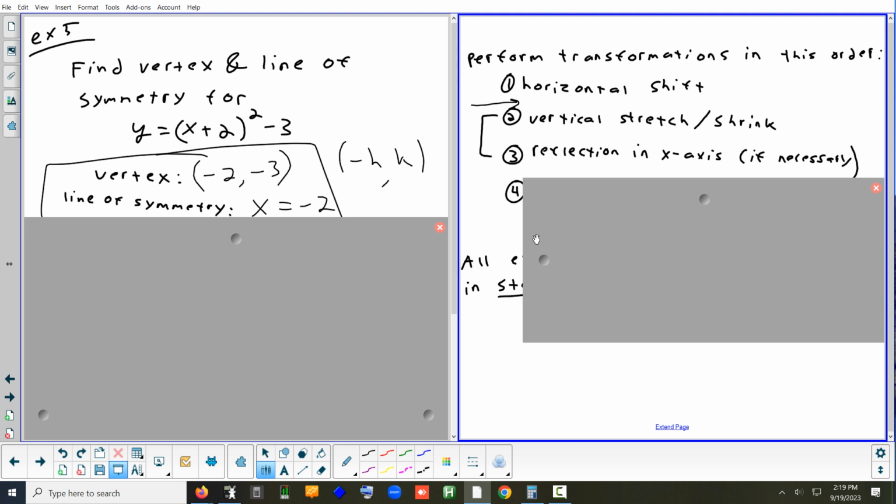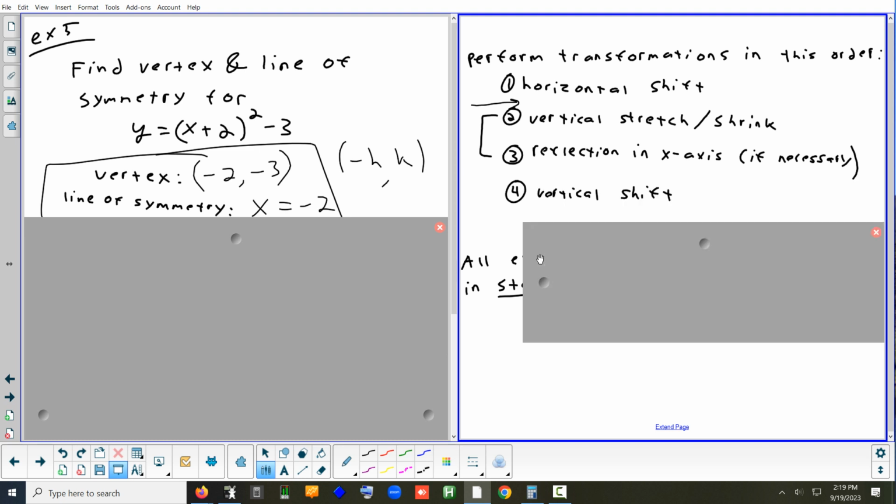But there are certain ones where, if you flip them, you don't get the same answer, so you should just keep the order that I'm giving you. And the very last thing that we take care of is any vertical shifting. We're going to look at a problem that has some of those transformations, and then we'll do one that has all of them.